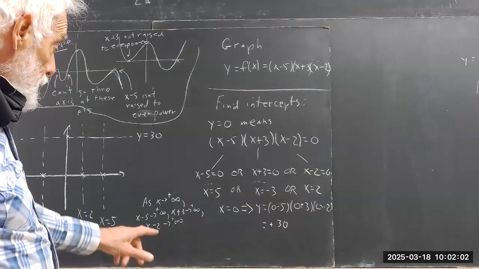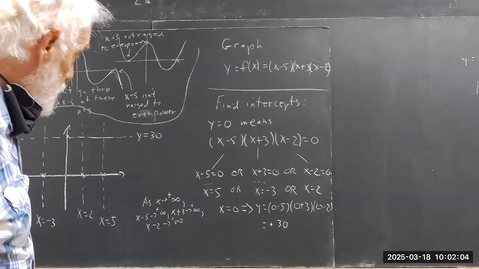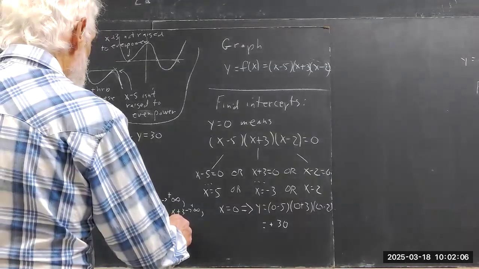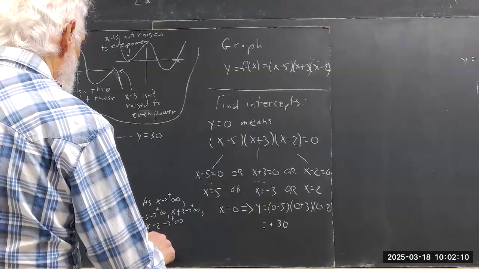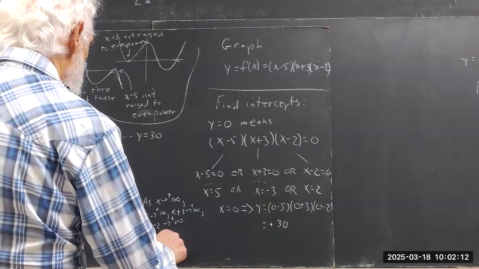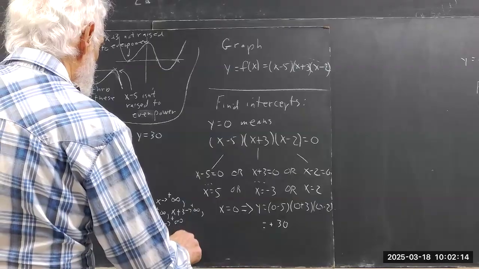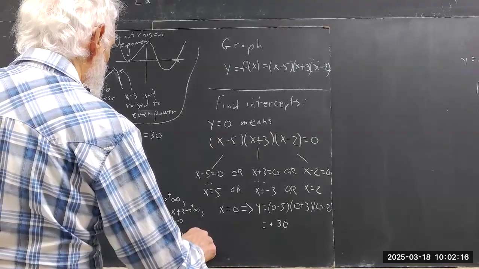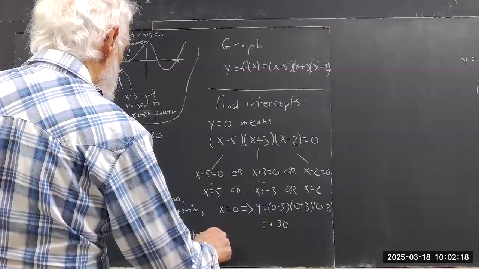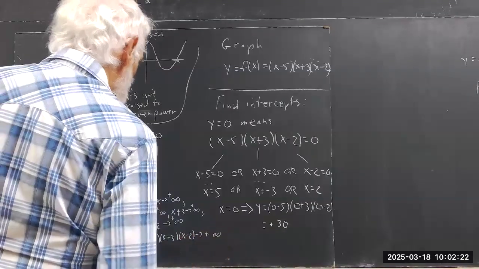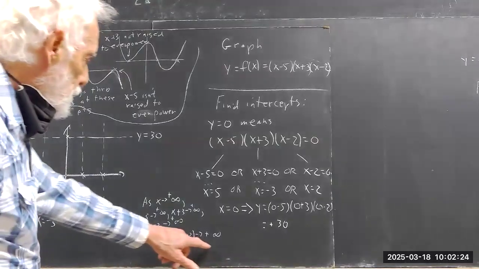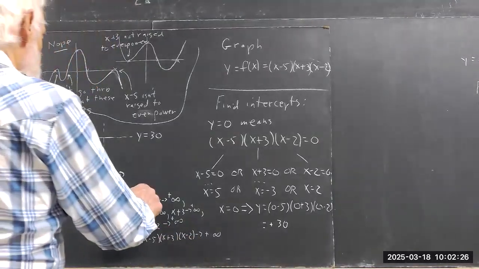Big positive. Okay. And same here. Okay. So the product of these three numbers goes to positive infinity.